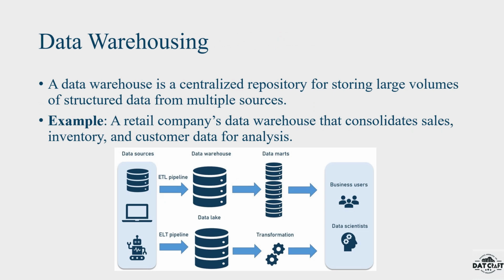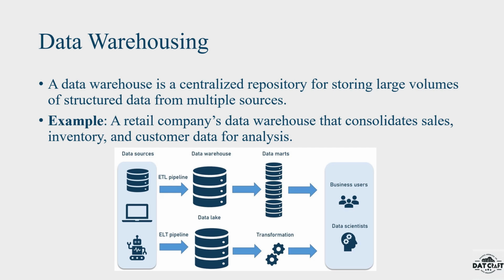Now let's talk about data warehousing, data marts, and data lakes. A data warehouse is a centralized repository for storing large volumes of structured data from multiple sources. For example, a retail company might use a data warehouse to consolidate sales, inventory, and customer data for analysis. Data marts, on the other hand, are a subset of a data warehouse tailored for specific business lines.